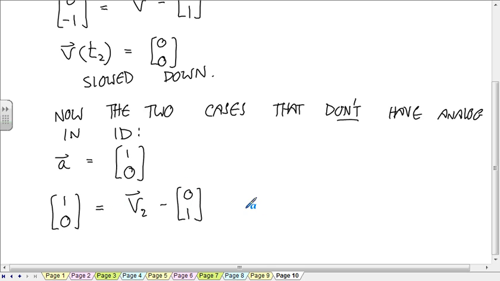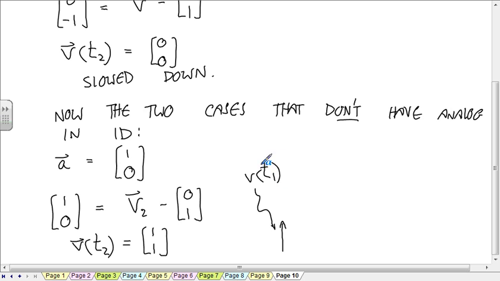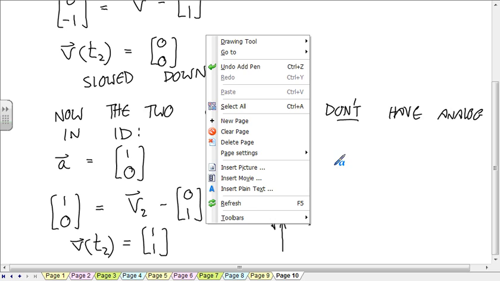Add 0, 1 to both sides, and you get that v at time t2 is equal to 1, 1. Okay, so let's think about what this looks like. Our velocity at time t1 was like this. What does this vector look like? 1, 1. What direction is that pointing? Yep, that's pointing this way.